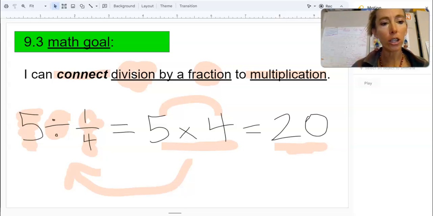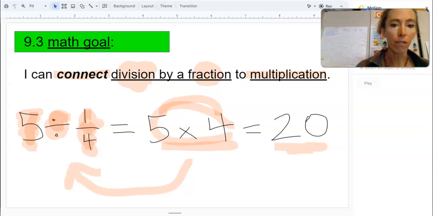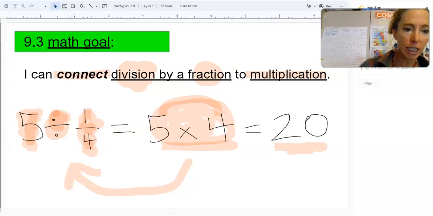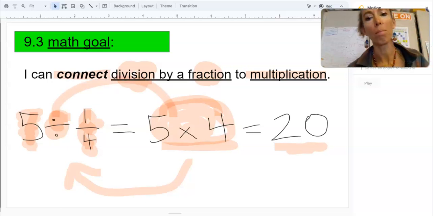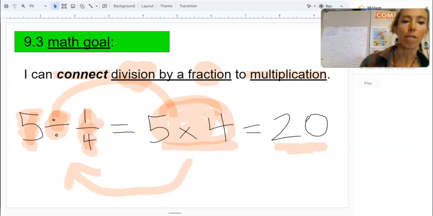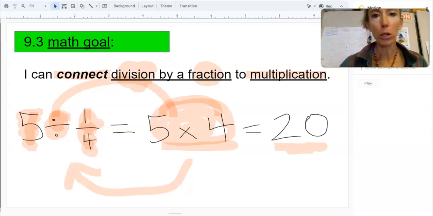And when we took those 5 wraps and divided them up into fourths, we were able to say, hey, that's a total amount of 5 times 4 servings. So we just connected a division expression with a multiplication expression. When we divide by a fraction, we can actually relate that to multiplication.